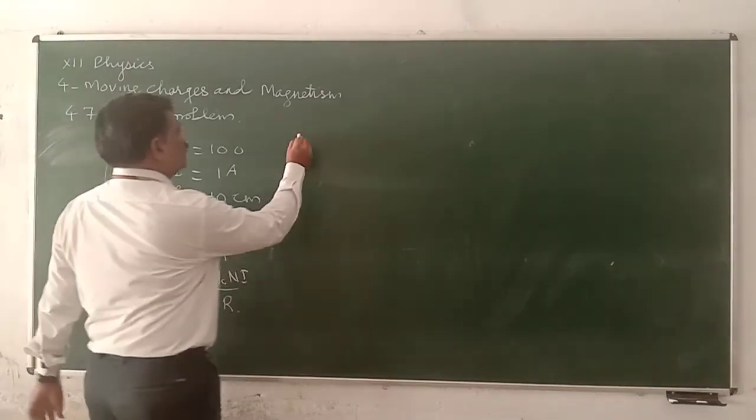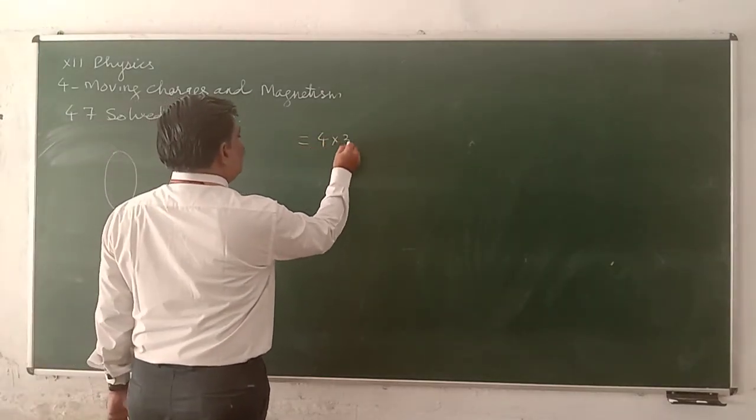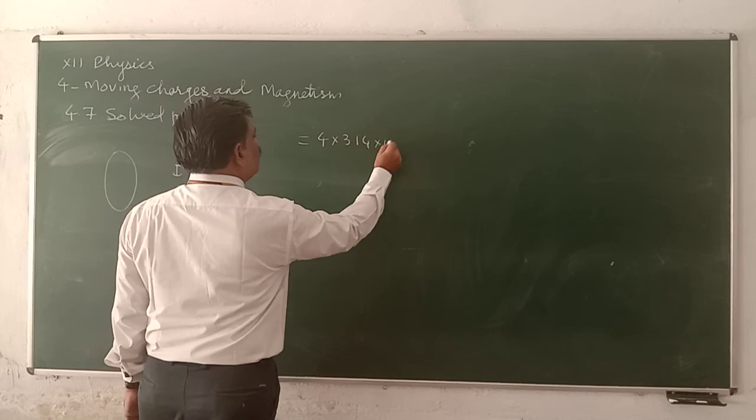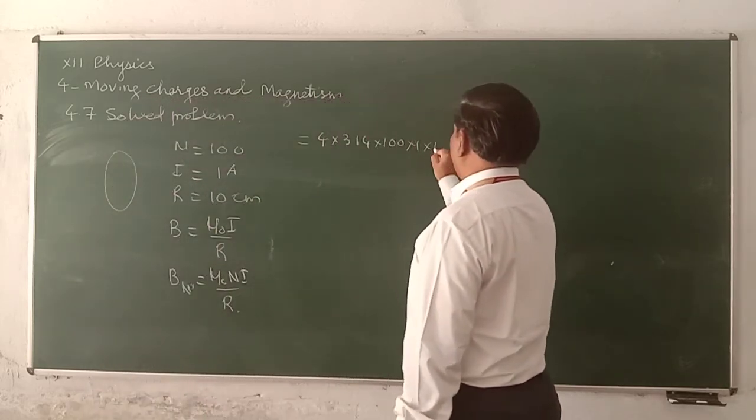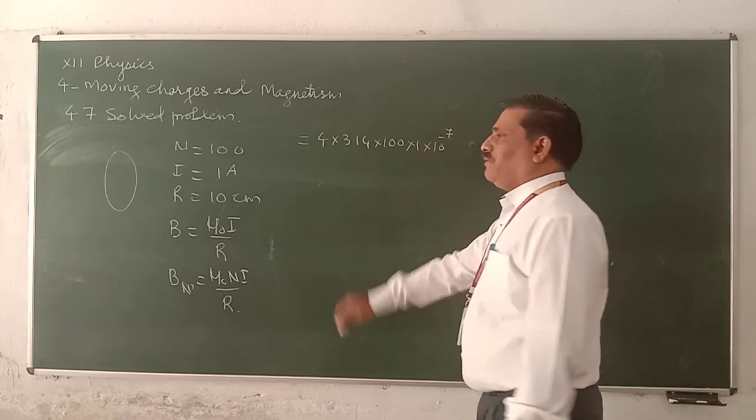We can substitute, which is equal to 4 into 3.14 into 100 into 1 ampere into 10 raised to power minus 7.